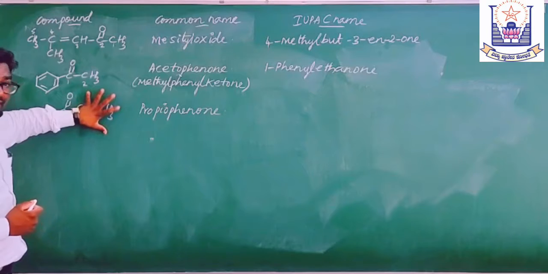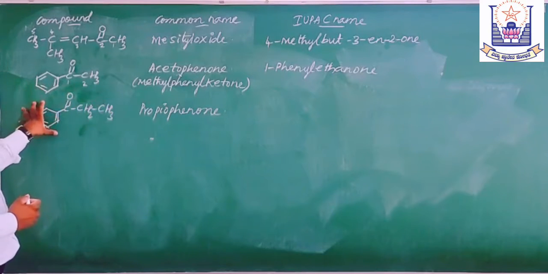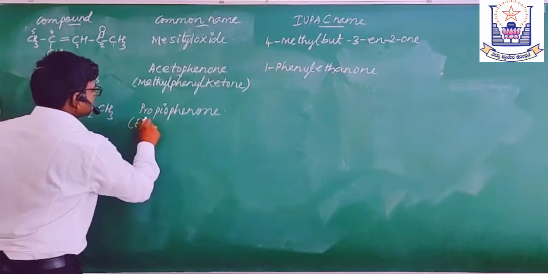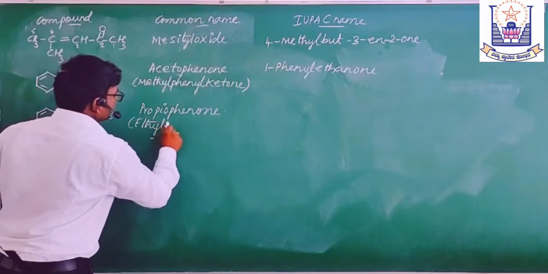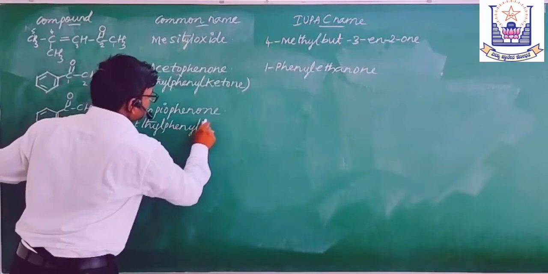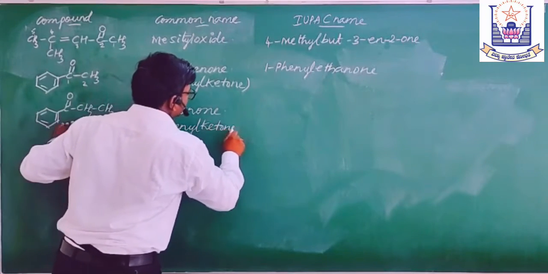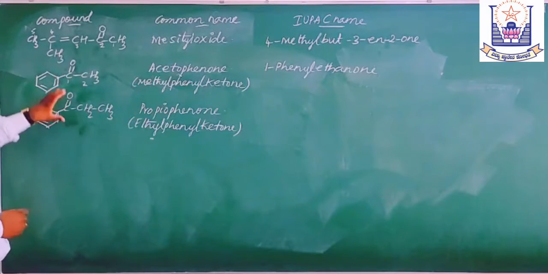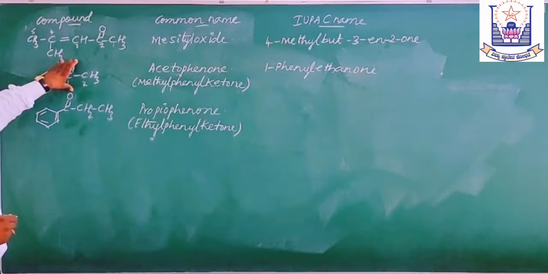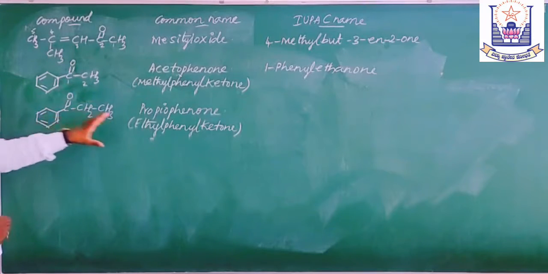Ethyl. This group is ethyl, no? We can also call this ethyl phenyl ketone. Here the C double bond O refers to the ketonic group. Ethyl phenyl ketone, alphabetically.